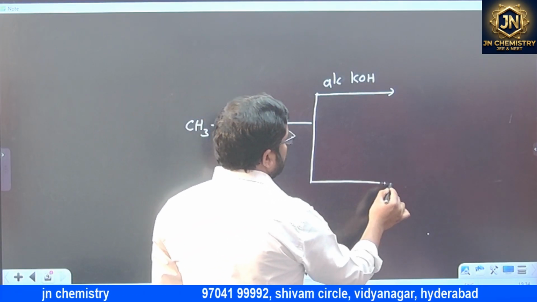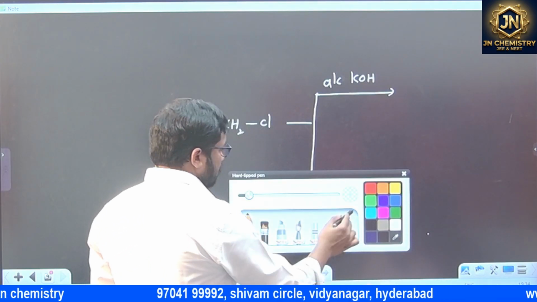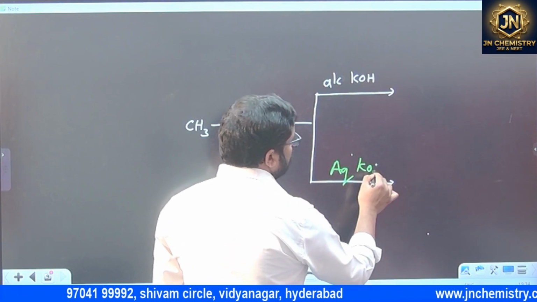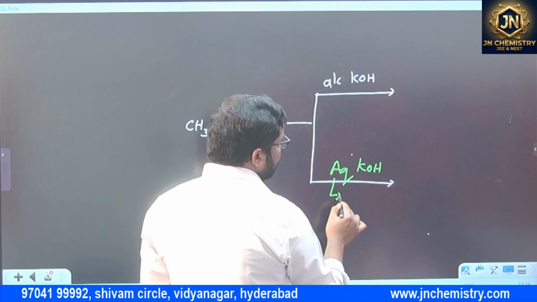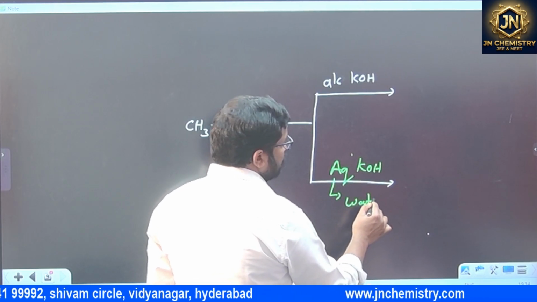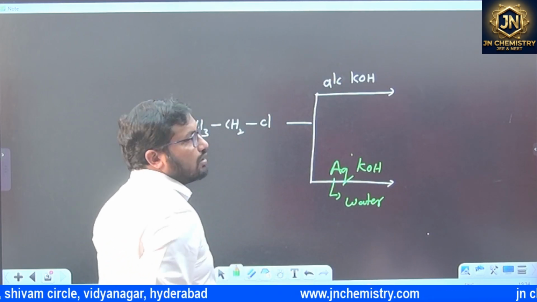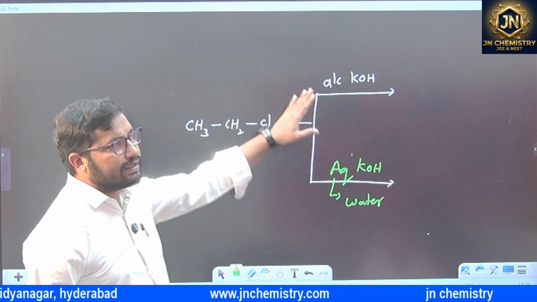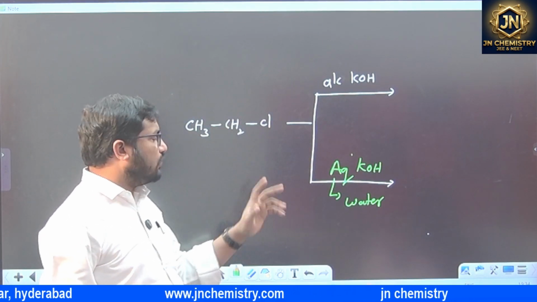Here is aqueous KOH, meaning the solvent is water; in the other, the solvent is alcohol. So what exactly happens? Both cases KOH. What is the product we will get?